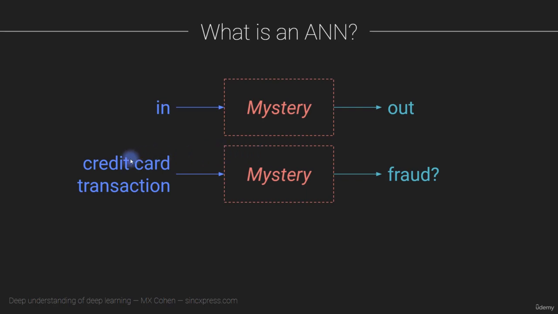Given some pattern of credit card transaction data, like the amount of the charge, the time, and the location, take those data and predict whether that transaction was likely to be you using it or whether there was a fraud being committed, whether someone stole your credit card. Again, we can have an ANN inside this box making this decision about whether this was likely to be a credit card fraud.